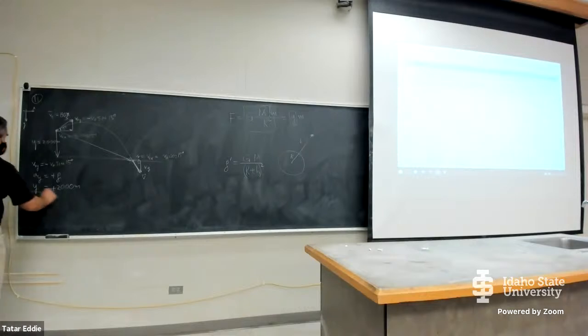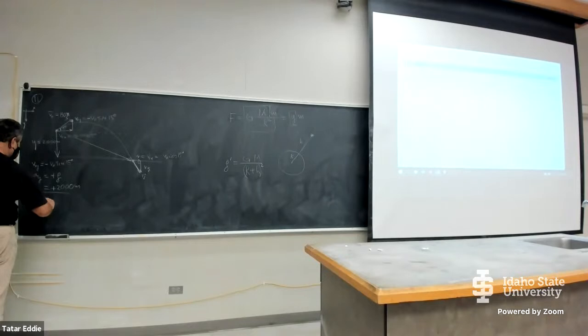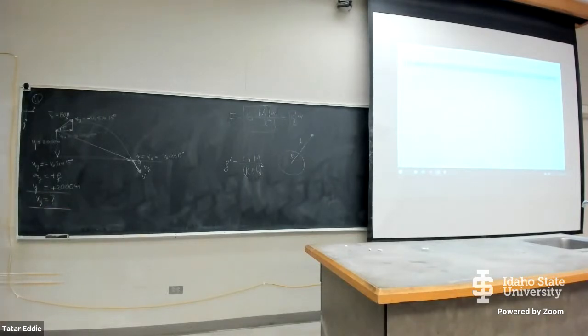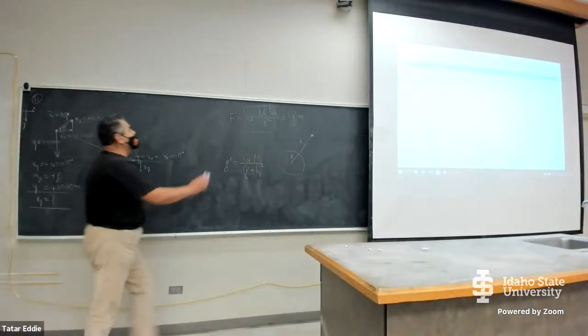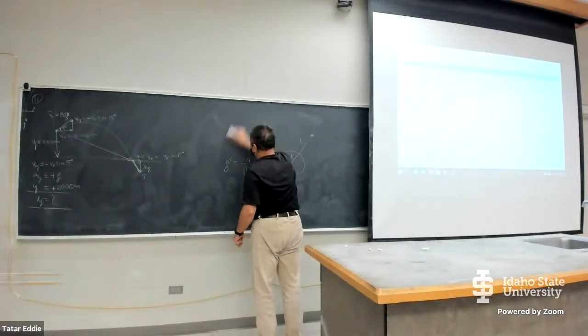What is interesting is the y component of final velocity. In other words, I need a formula that doesn't include time of motion. And the formula that doesn't include the time of motion is the fourth formula in our list.